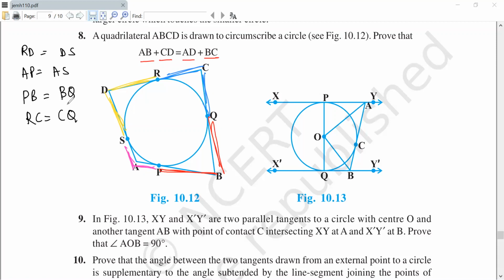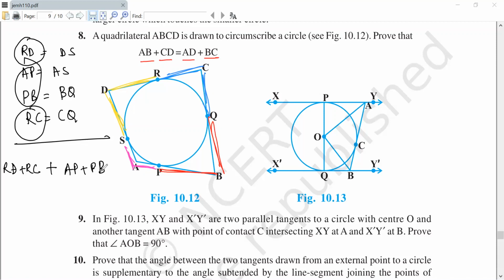Now when I add all of these four, I will get RD plus RC plus AP plus PB on the left side.